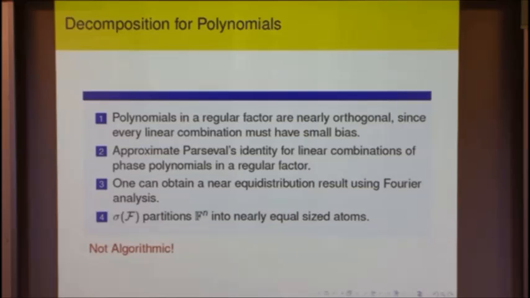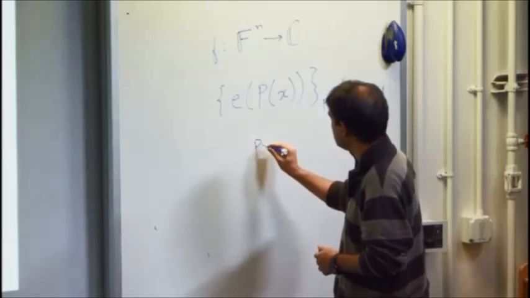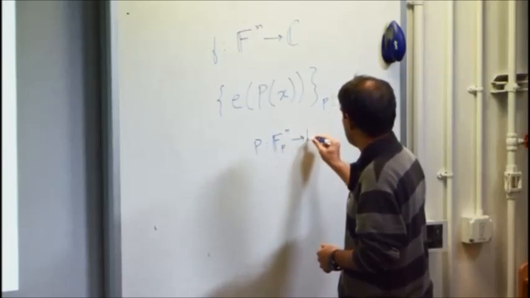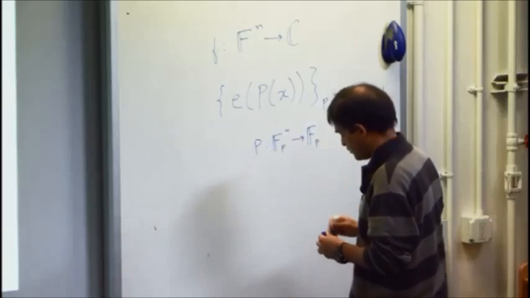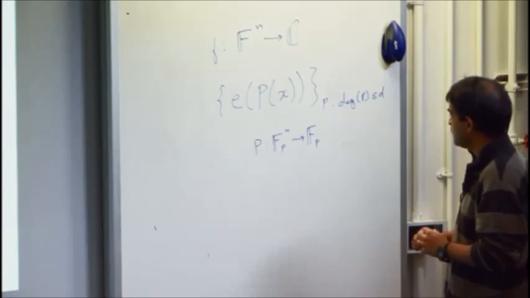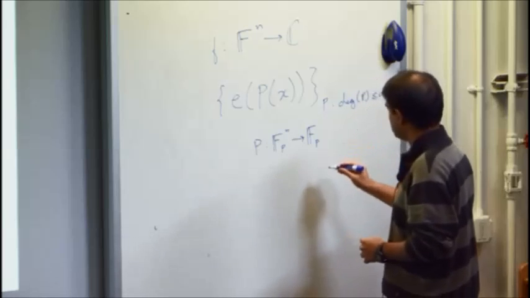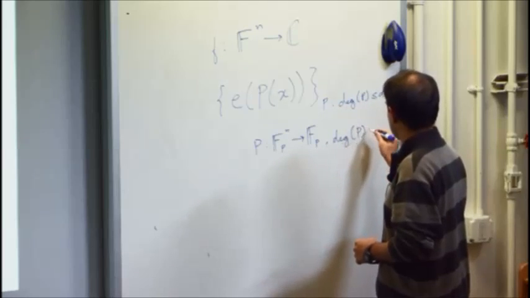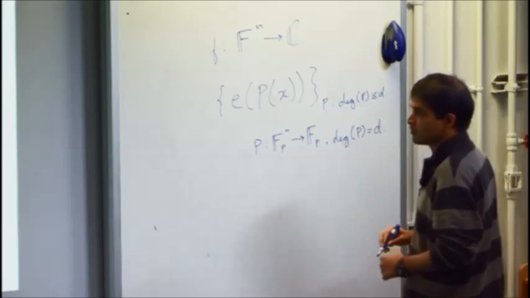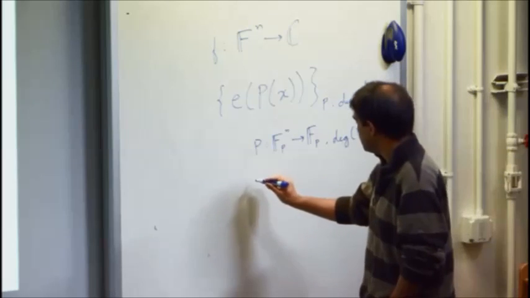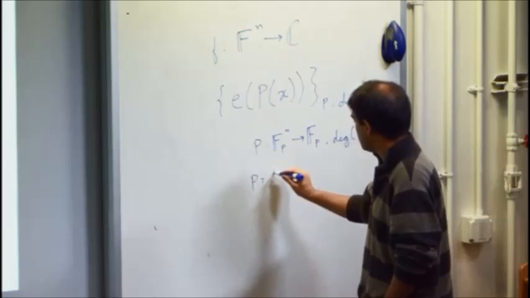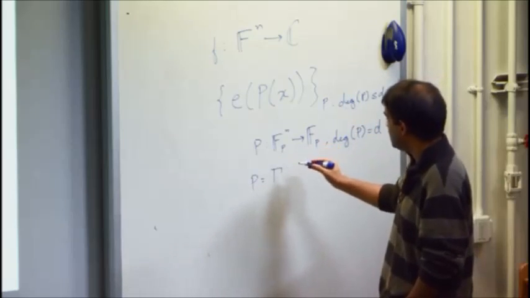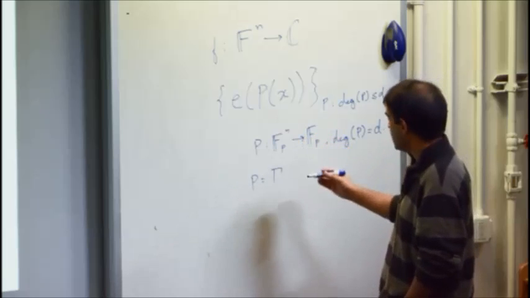Basically what we have shown is that if you start from any polynomial p, and suppose the degree of p is d, you can write p in terms of a high rank collection of polynomials.